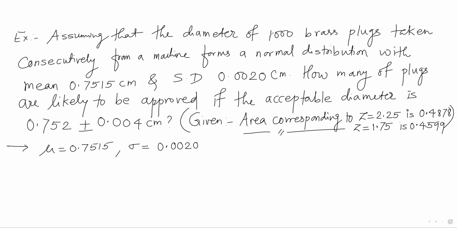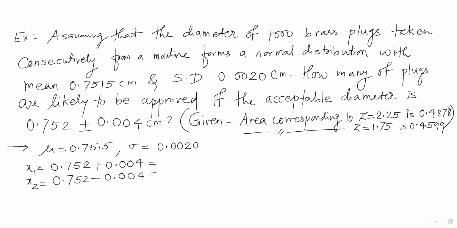So what I do is I just take the first value: x is equal to 0.752 plus 0.004. This is the first value of x, and the second value, let me call them x1 and x2. x2 is 0.752 minus 0.004.